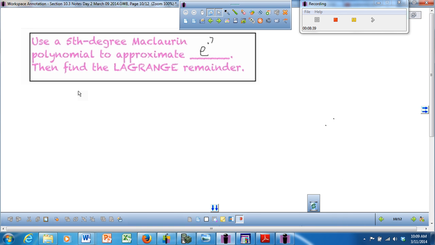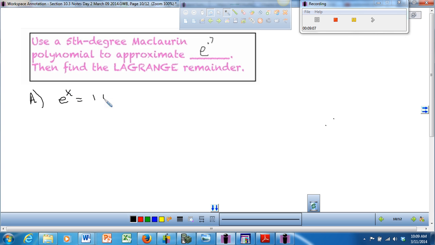All right, the example I want to look at is this one. Use a 5th degree Maclaurin polynomial to approximate e to the 0.7, then find the Lagrange remainder. So the first part, I'll call part A, a 5th degree Maclaurin to approximate e to the 0.7. All right, well, what's the Maclaurin series for e to the x?